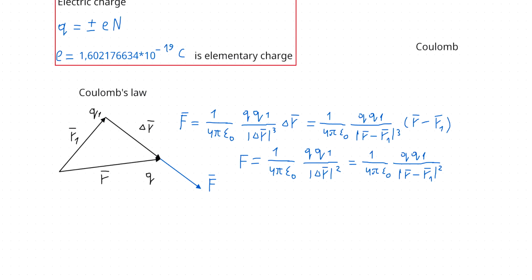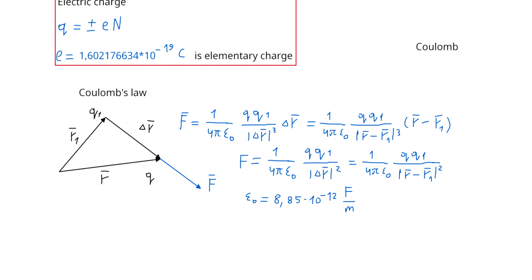And what about epsilon zero? Epsilon zero is the electric constant. It is equal to 8.85 multiplied by 10 to the power of minus 12 farads divided by meters.